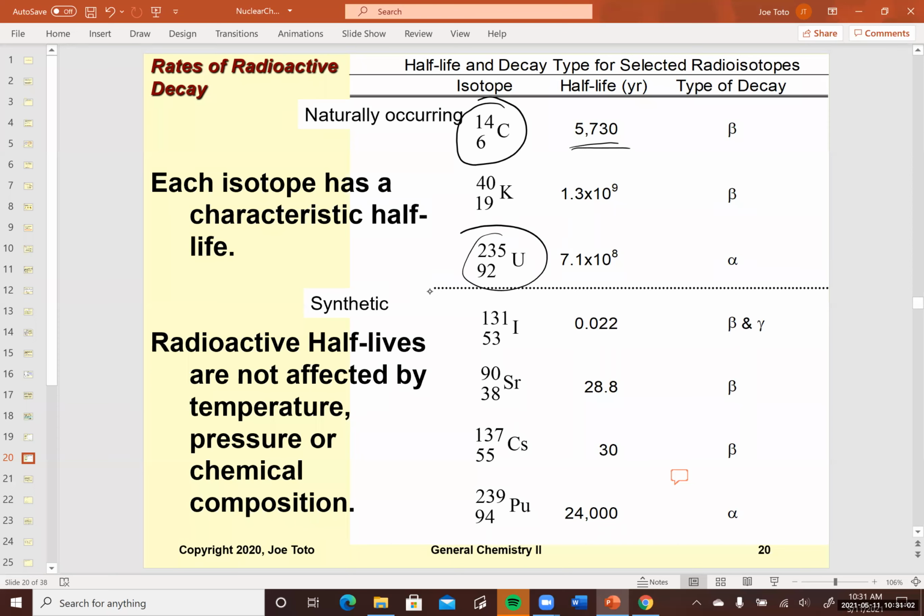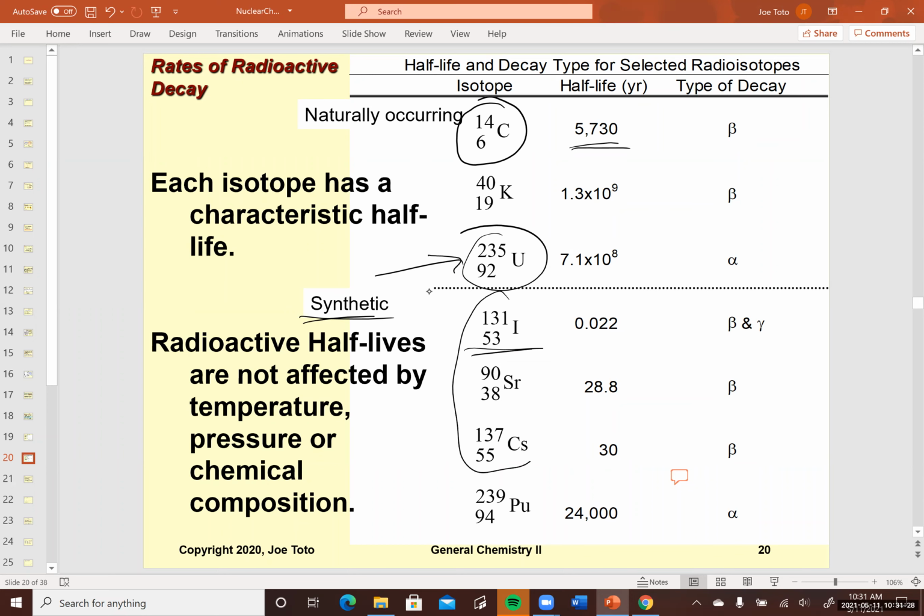If you want to date rocks, which are much older, you might use uranium. Synthetic isotopes also exist. So these isotopes are made, say, at the nuclear power plant, and then they're put into a truck and driven over to the hospital, and we can use these in medicine.